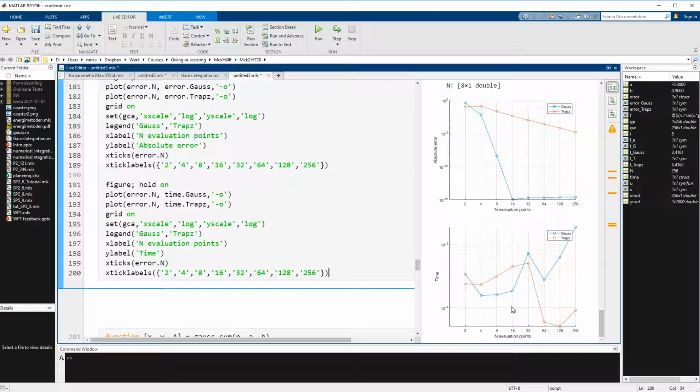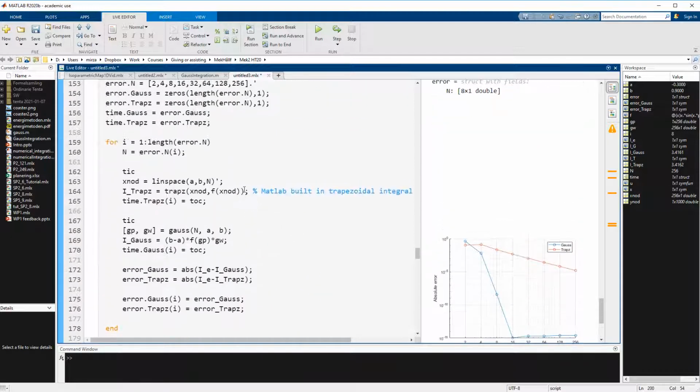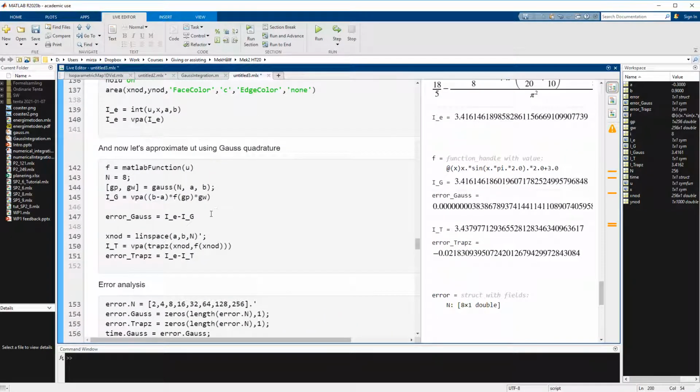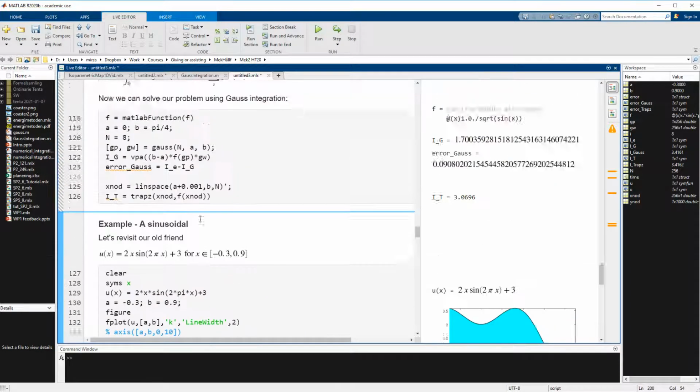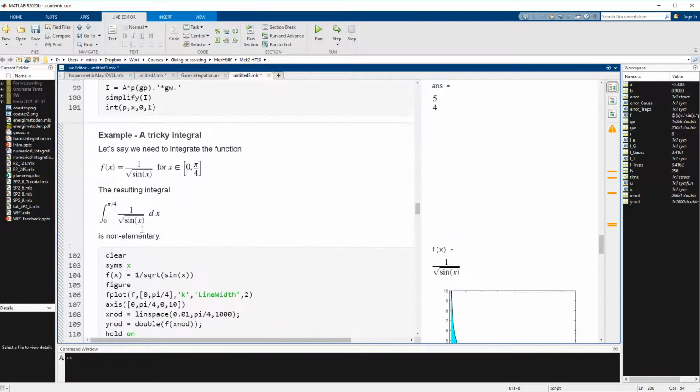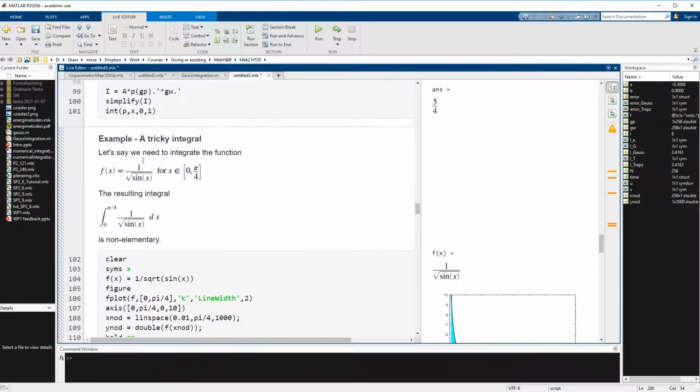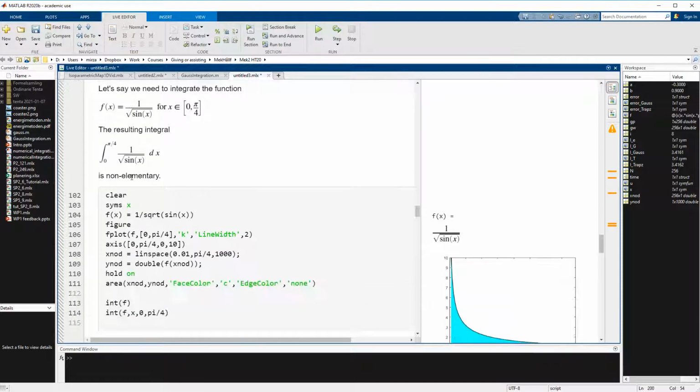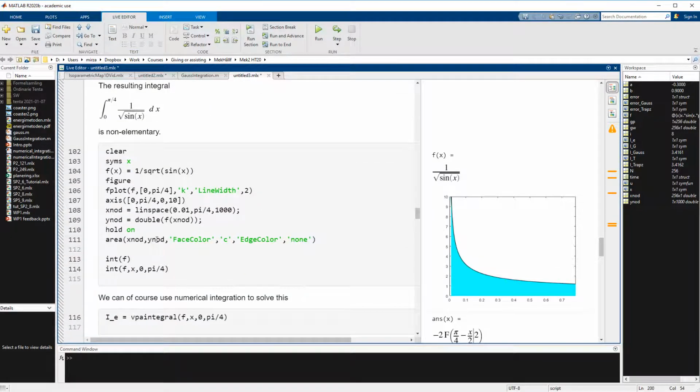So we dove a little bit into this area here, which is way above what we need. We don't need to integrate general functions. We are definitely not going to integrate these non-elementary integrals using Gauss or traps, because we don't need to.